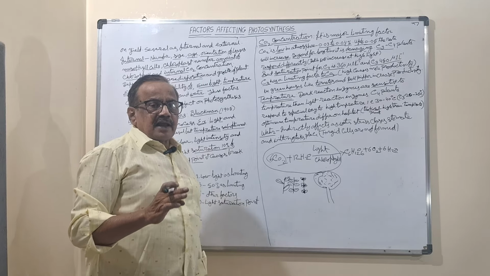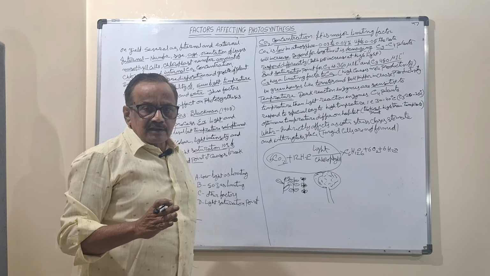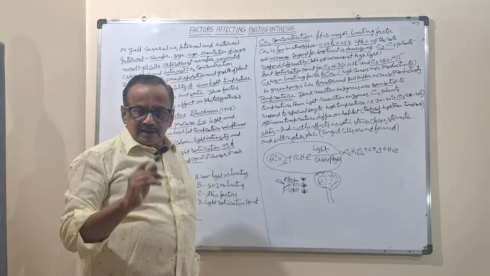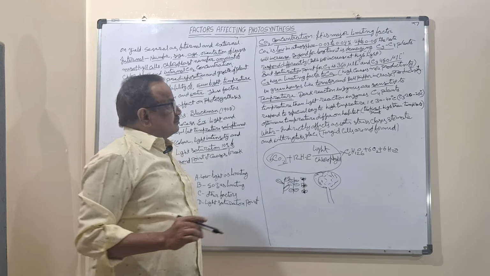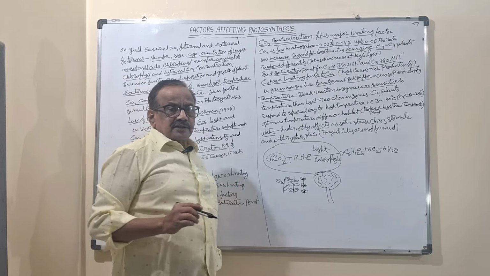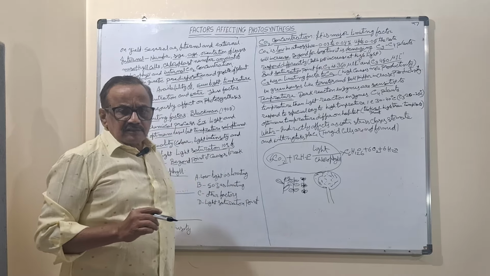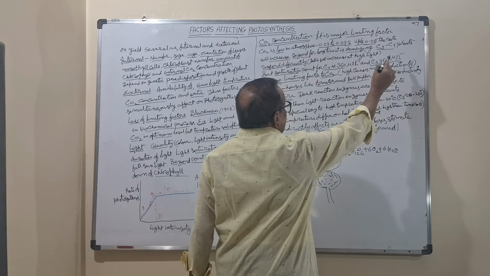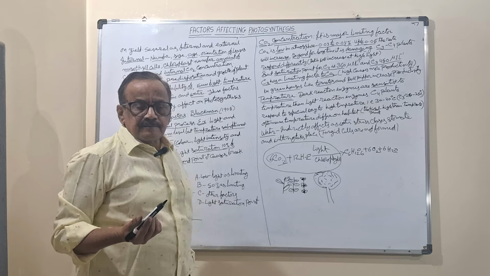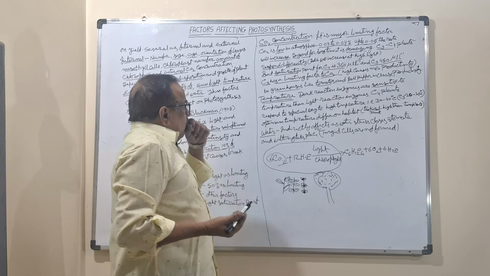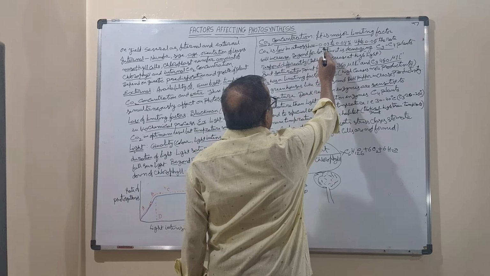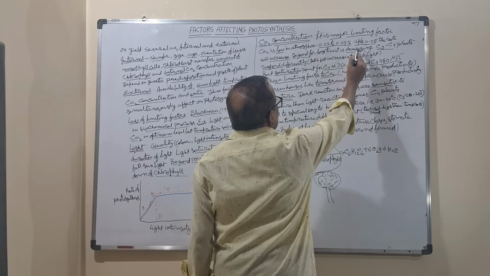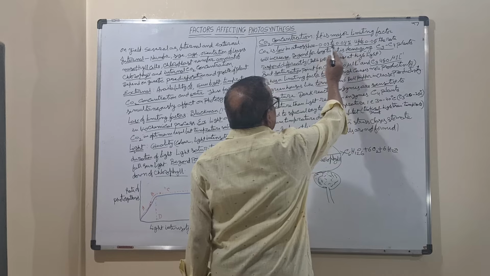So in the C4 plants, saturation point is the atmospheric carbon dioxide concentration. But in the C3 plants, the saturation point is 450 microliters per liter. What is this? Means here it is 0.03 to 0.04. It is present in this one.